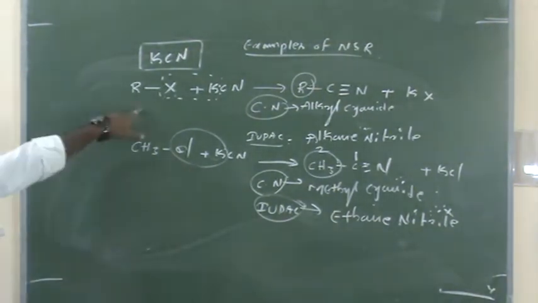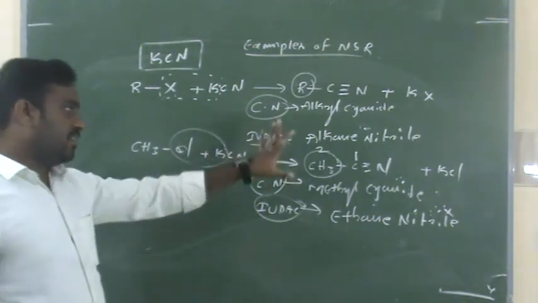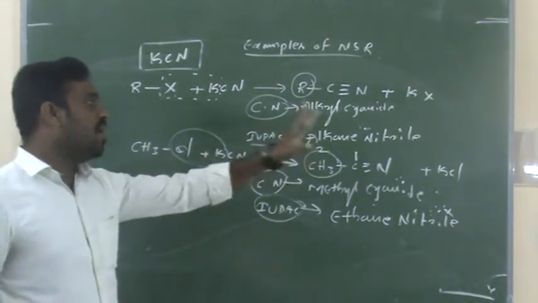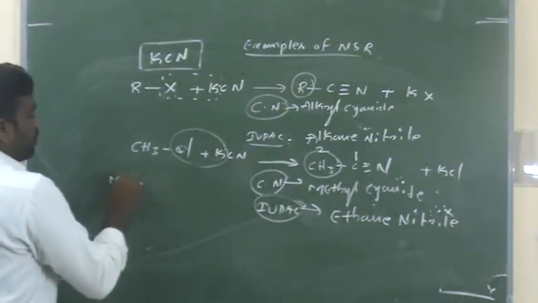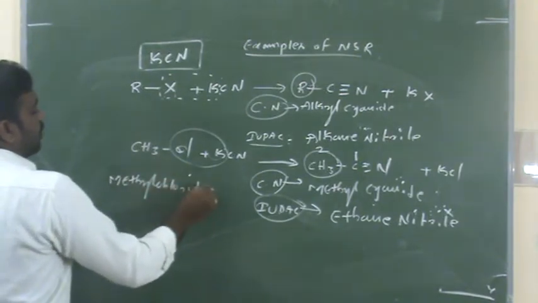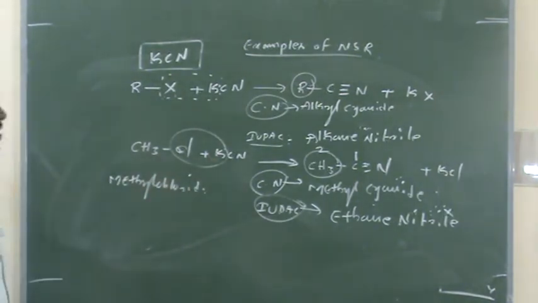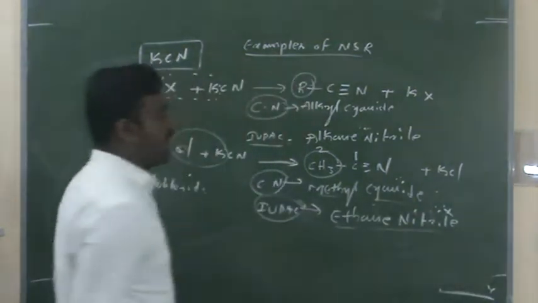When alkyl halide reacts with KCN, alkyl cyanide is formed as the common name, and the IUPAC name is alkane nitrile. When methyl chloride reacts with KCN, we get methyl cyanide or ethane nitrile.